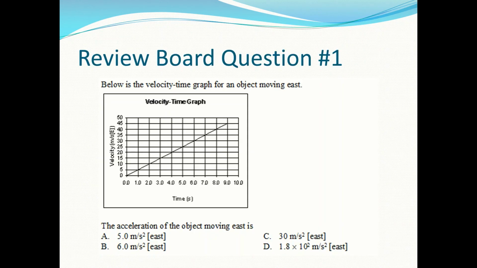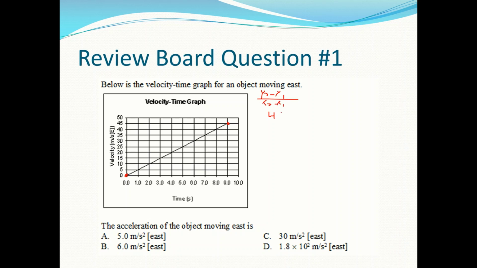So because we're done the unit, let's do our review board questions for this stuff here. So below is a velocity time graph for an object moving east. So we want to find the acceleration of the object. If this is a velocity time graph and we want to find acceleration, we would find the slope of this line. So the slope would be y2 minus y1 over x2 minus x1.